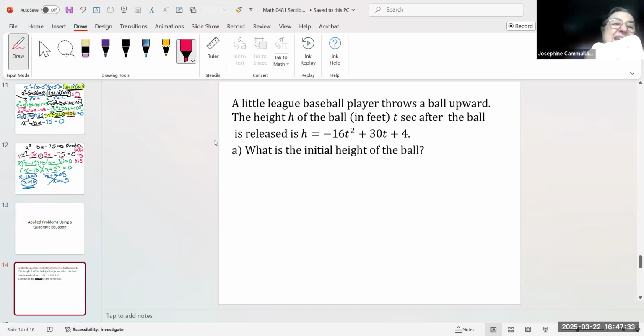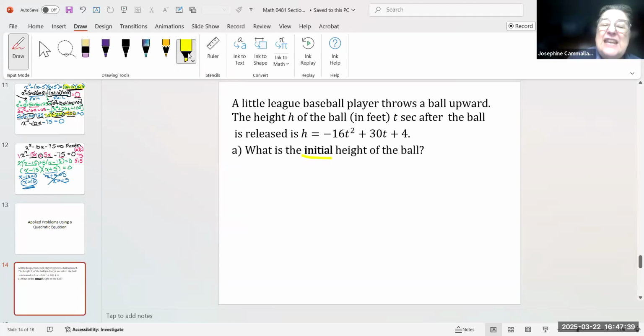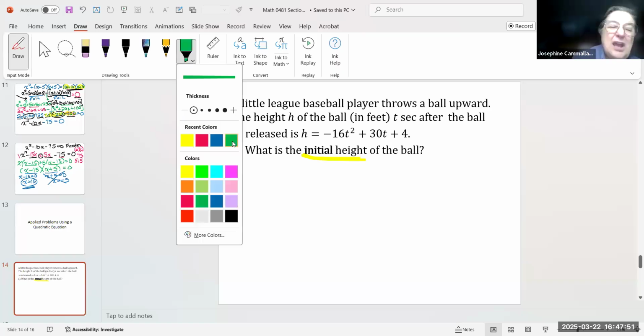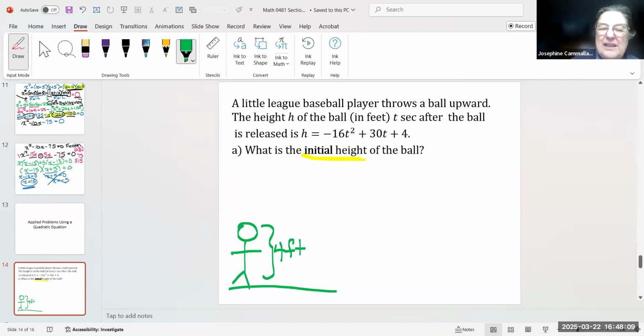Now, this is where you have to understand the words. The initial height. What does that mean? I'm going to draw you a little picture to make sense. This is the baseball player. He is 4 feet from the ground, and he hasn't thrown the ball.